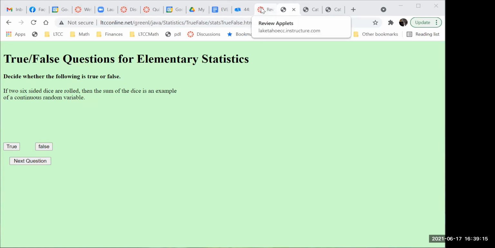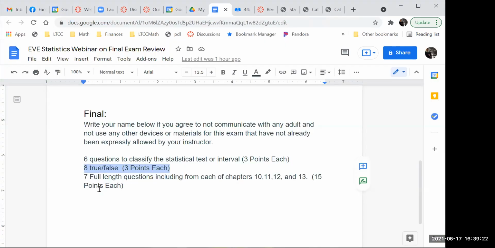I had a question on, if you go back to the document of the format, because I saw on the final structure there were some problems from chapters 2 through 9. Will those be true and false?